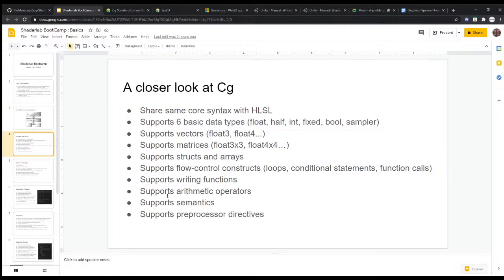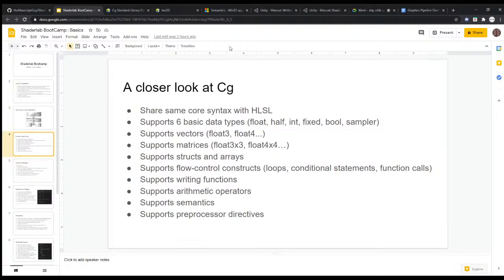It does support a lot of arithmetic operators. I have not written them all here, but a couple of them are supported, like plus, multiply, etc. Okay. Semantics. Semantics is a big thing that we need to understand, because graphics works on semantics as well, to identify what kind of information you are passing.